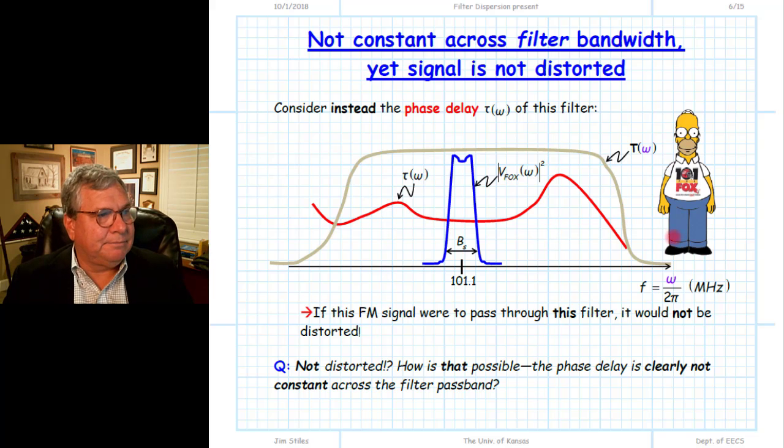Why is that? Again, the transmission function is the same as before. The signal passing through it is the same as before. The only thing that's changed is the phase delay. Now, the phase delay is not a constant across the filter bandwidth. Yet, I contend that dispersion would not be a problem here. And why is that?